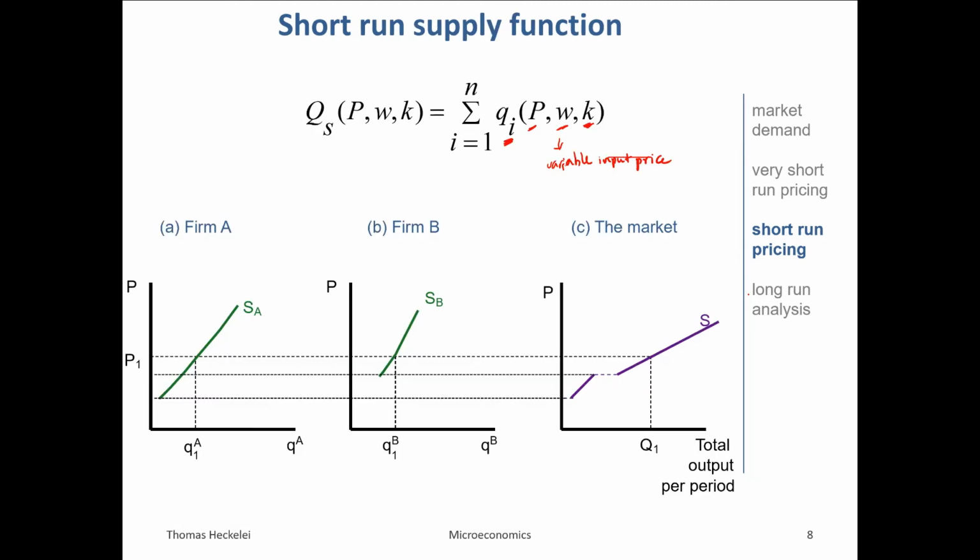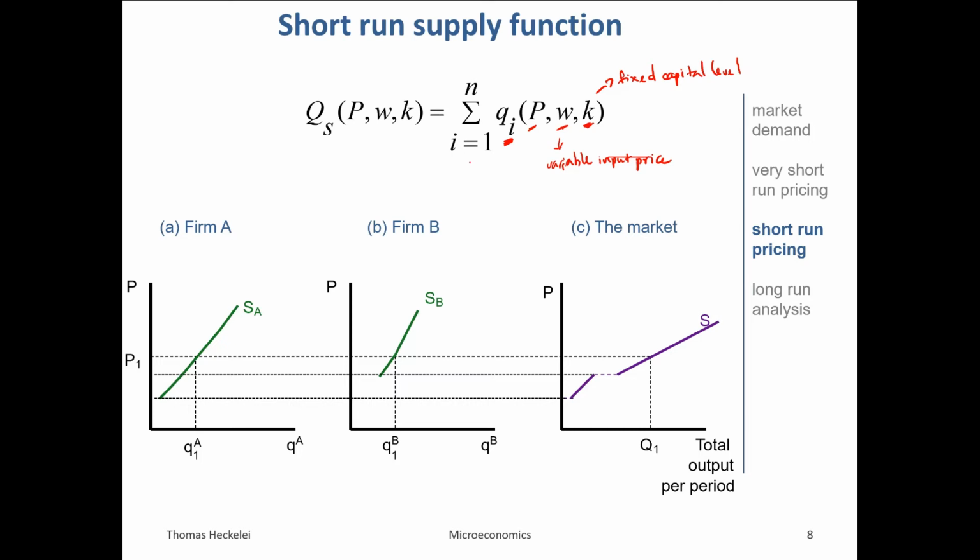So this is the fixed capital level in the short run, like the machine that my neighbor, a current competitor in the sugarcane juice market, has, for example.